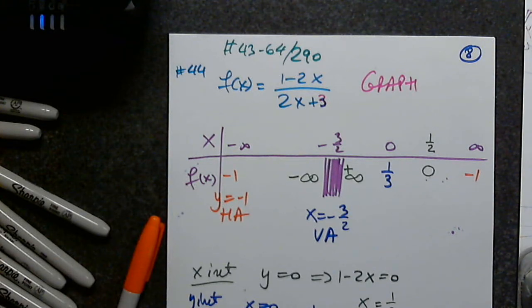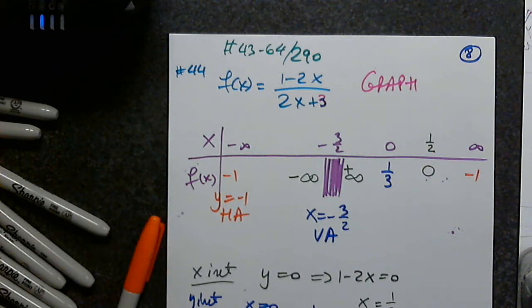So from negative 1, I'm going to put an arrow: the function goes to negative infinity on the left-hand side of the vertical asymptote. On the right-hand side of the vertical asymptote, it is coming from positive infinity. It crosses the y-axis at (0, 1/3), it crosses the x-axis at (1/2, 0), and it approaches negative 1.